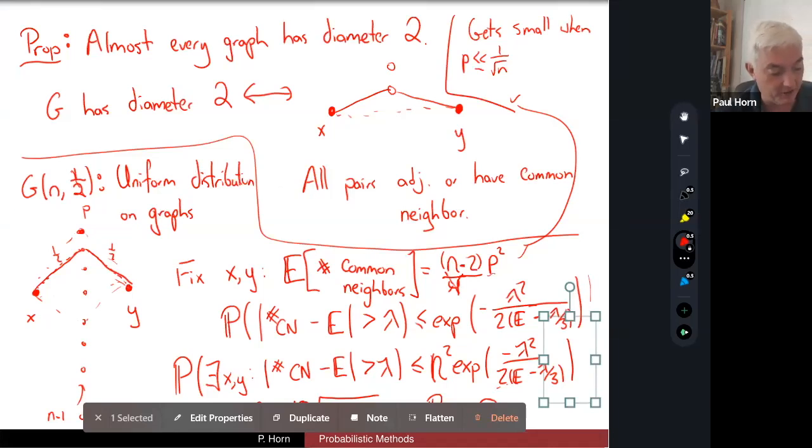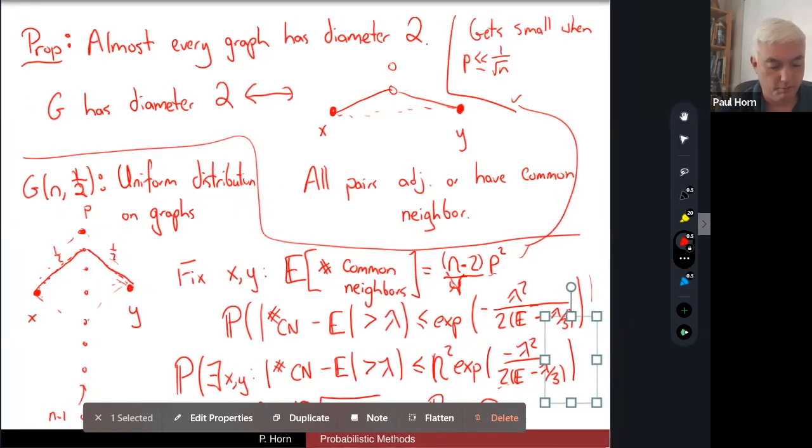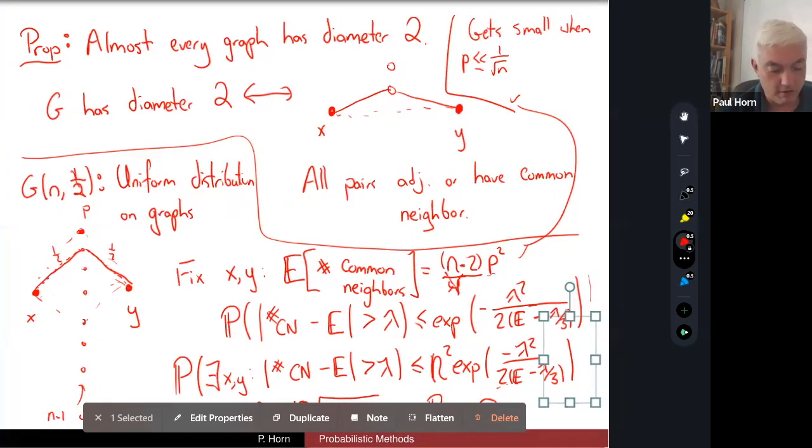So actually, even on fairly sparse random graphs, where p is like 1 over the square root of n, you still have diameter 2. And then you can think, well, what if I'm a little bit smaller than 1 over the square root of n?